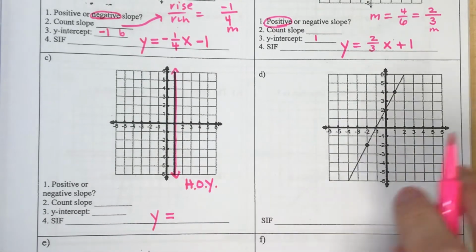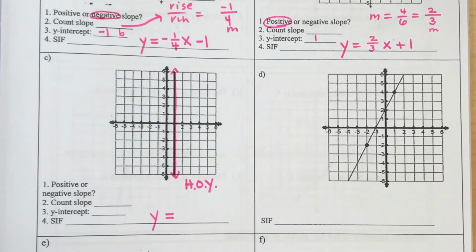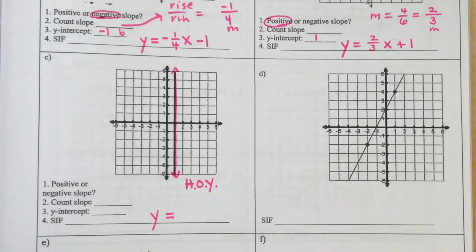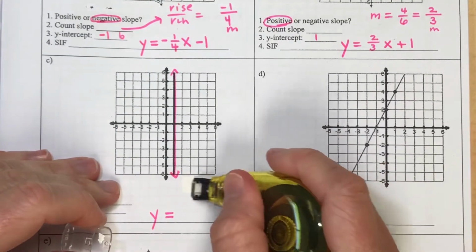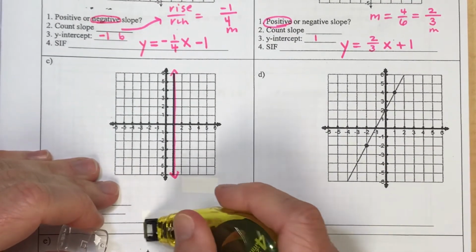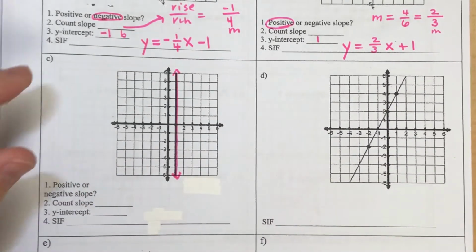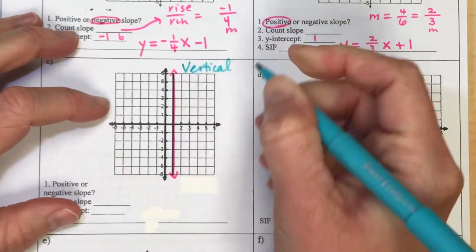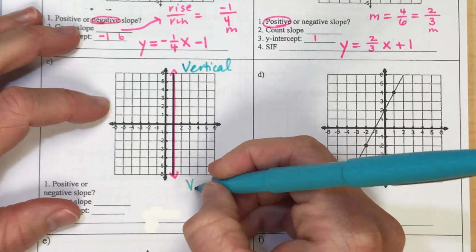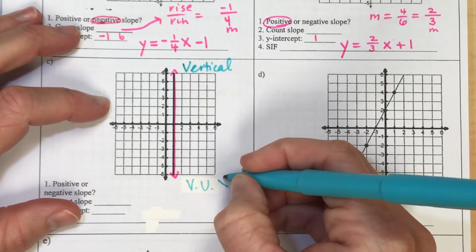Actually, that is not a horizontal line, so let me fix that. That is a vertical line, my mistake. Okay, let's fix that. So, vertical. This line would be a VUX, and I'll explain what that means.